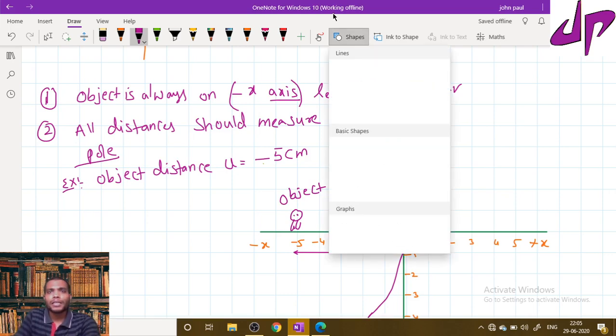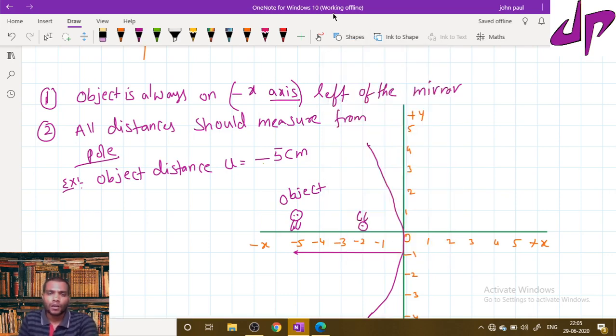Now we need to measure the image distance, and by the same rule, we measure it from the pole. So the image distance from 0 to here, we represent as v. The image distance v equals, in this case, minus 2 centimeters.